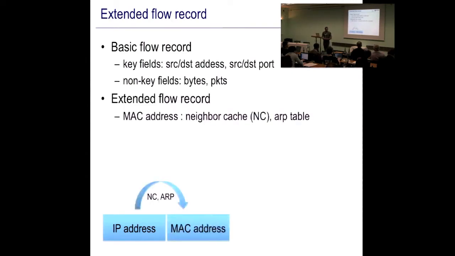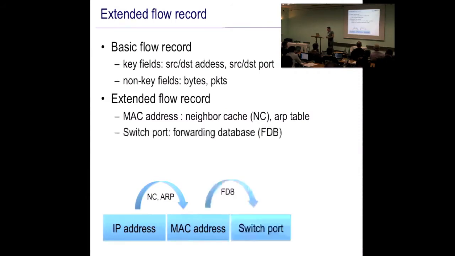In our project, we tried to extend this flow record with another level of information, like, for example, the mentioned MAC address. But we don't have to stop at the MAC address. We can also, knowing this address and the relationship between address and MAC address, extend this information, for example, with the information about where the user was connected to.